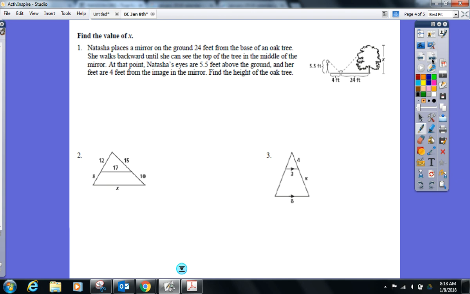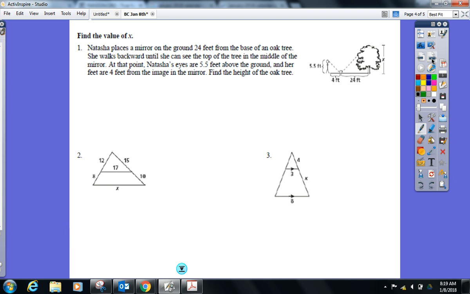Natasha is going to place a mirror on the ground that's 24 feet away, not from any tree, but an oak tree. So let's just all absorb what's happening right now. We have this random girl, Natasha, who decides to place a mirror on the ground, from an oak tree.